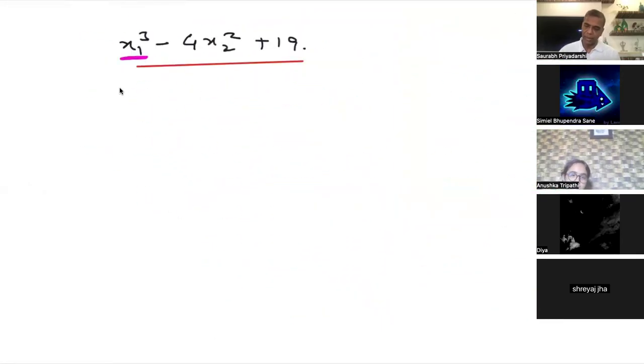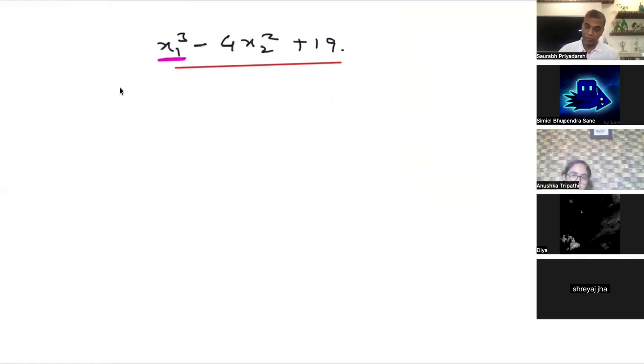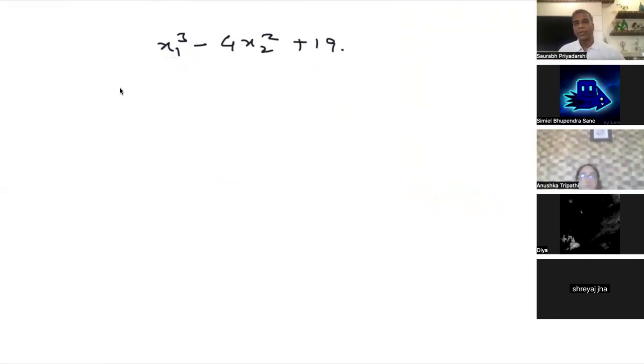See what I'm saying now. See, everyone, this is not about the power of cube or square or something. Now just see this carefully, because asymmetric expressions are given in this. So how to deal with this? Asymmetric means it's not given as x1 cube minus x2 cube, or x1 square and x2 square in the same parameter.